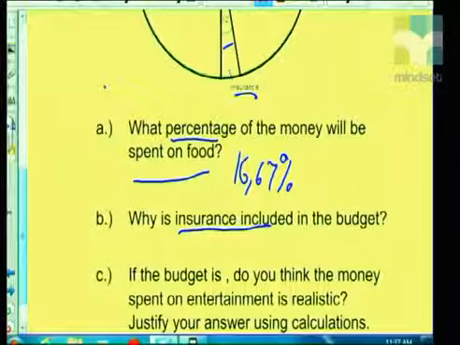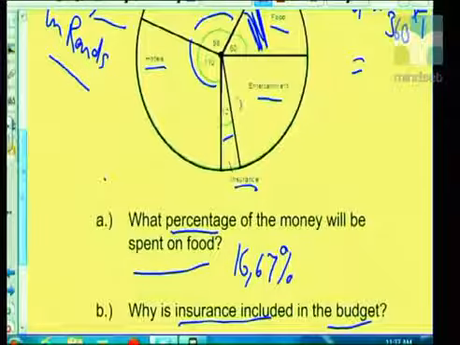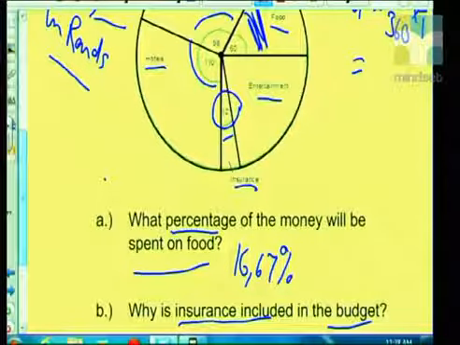Now, what does the next question say? Why is insurance included in the budget? Now, that's a very important question. Let's have a look. It doesn't occupy a big amount, only 12% of the budget. But guys, there's nothing worse than going on a trip, whether it's locally or internationally, and somebody doesn't have the right clothing.